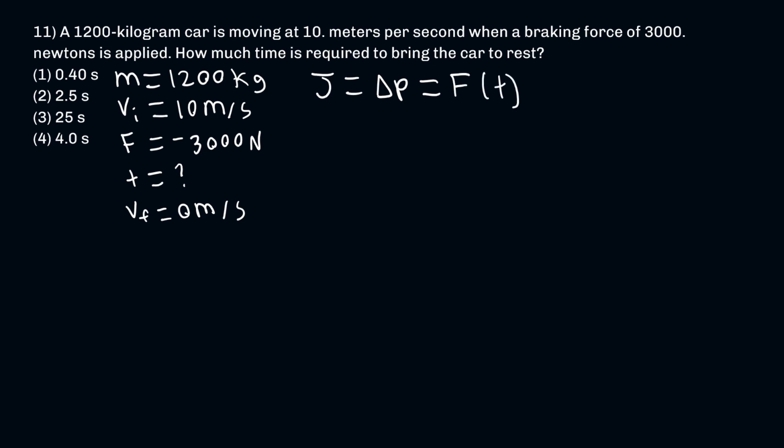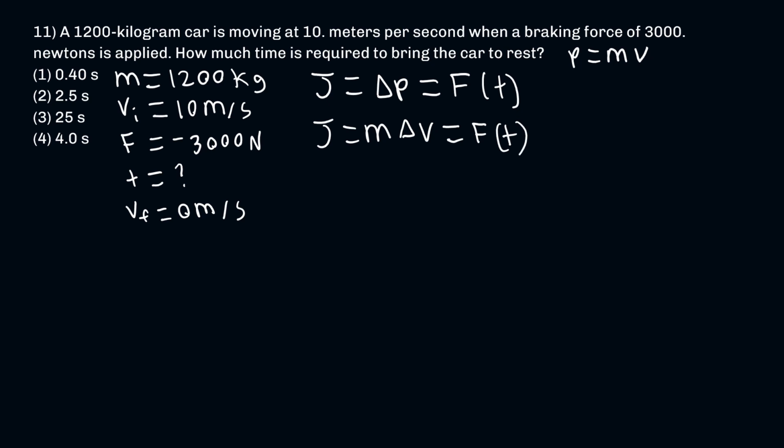All right, so change in momentum. Momentum, again, is mass times velocity. It doesn't say anything about my mass changing, so the only thing I can change here is velocity. So going one step further, J is equal to the mass times the change in velocity, which is equal to the force times time.